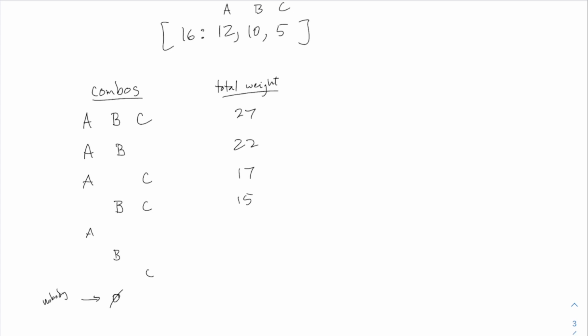You just add up the numbers according to which combination you're talking about. A all by themselves is 12. B by themselves is 10. C by themselves is 5. And nobody is 0. These are the weights of the combinations. And like I said, we only really care about the ones that actually make it to the quota. So we only consider the combos which reach the quota.